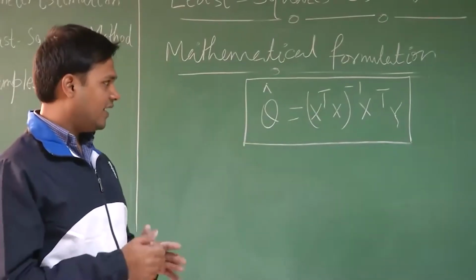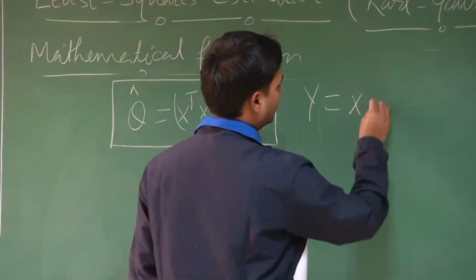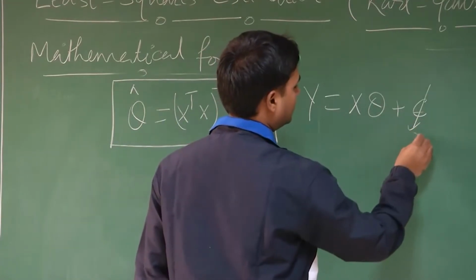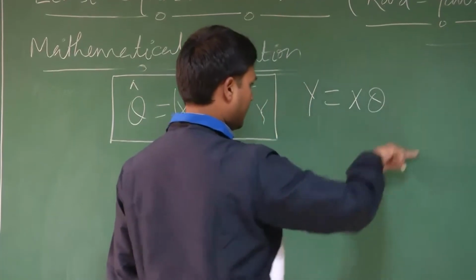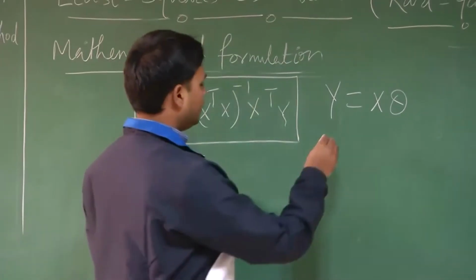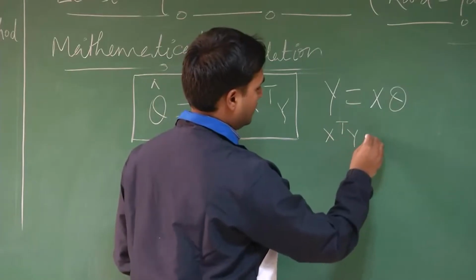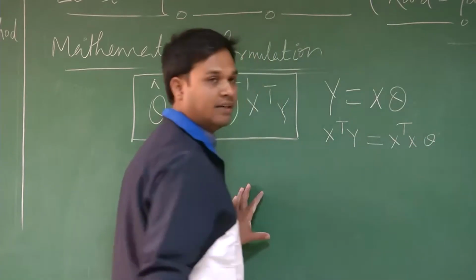If you want to verify it, as you know this equation, y equals x theta plus error. If you make this error 0, then it becomes y equals x theta. In this equation you pre-multiply with x transpose, and it becomes x transpose y equals x transpose x theta, right?